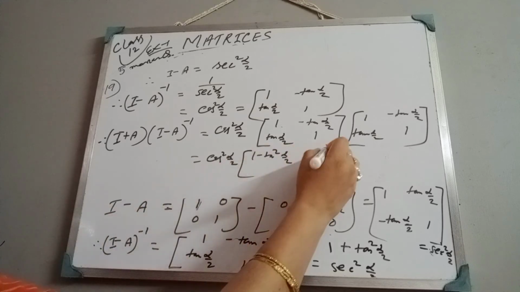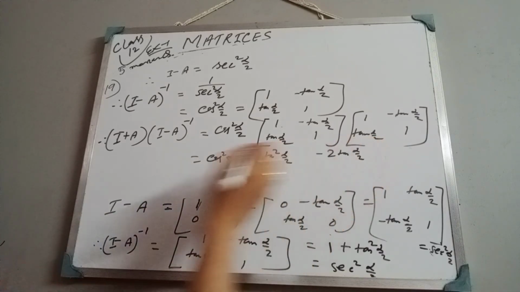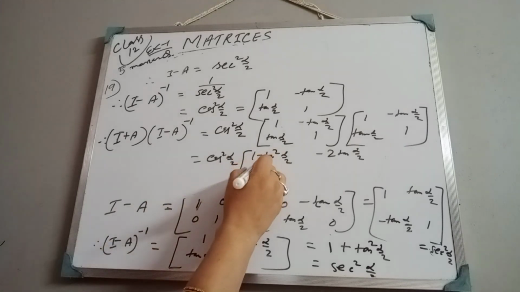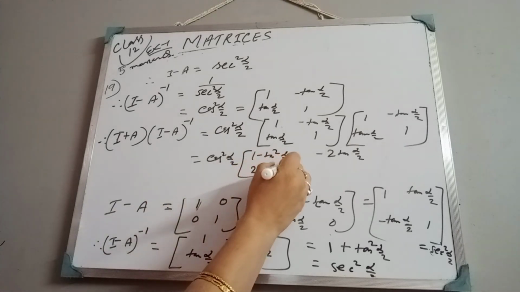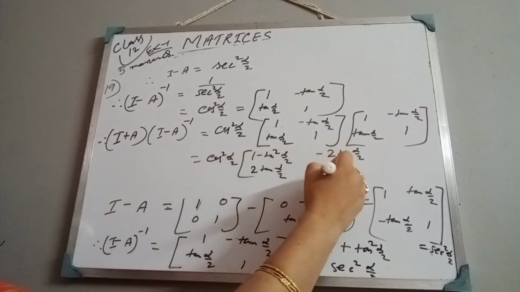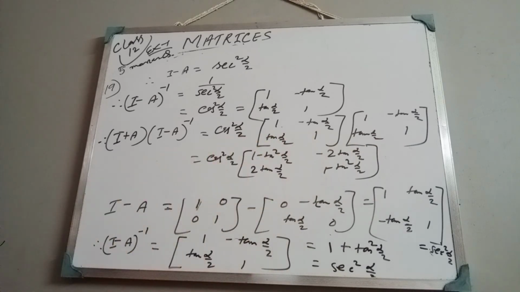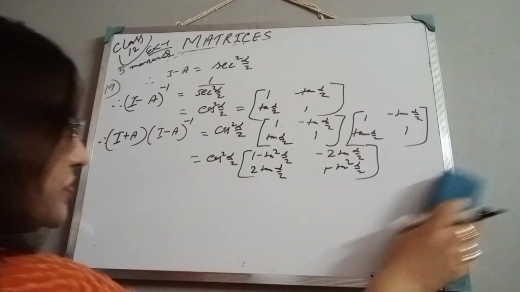And here it is minus 2 tan alpha by 2, and on this side 2 tan alpha by 2, and here also 1 minus tan square alpha by 2. Now 1 minus tan square alpha by 2, we know, and outside it is written cos square alpha by 2.